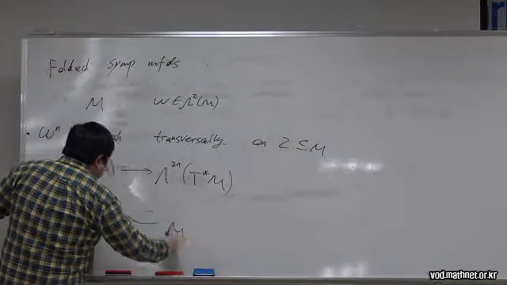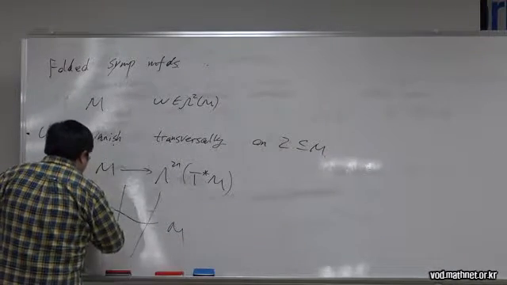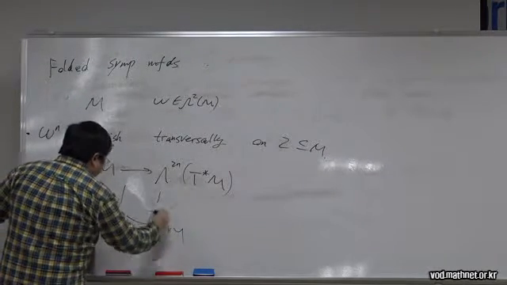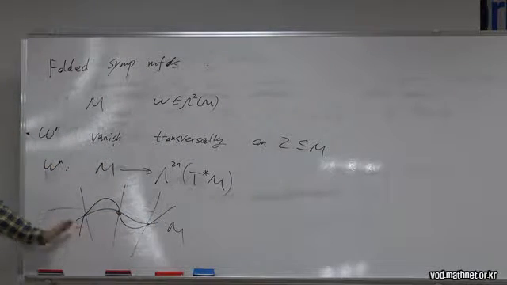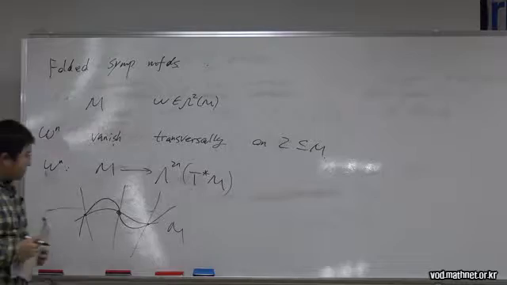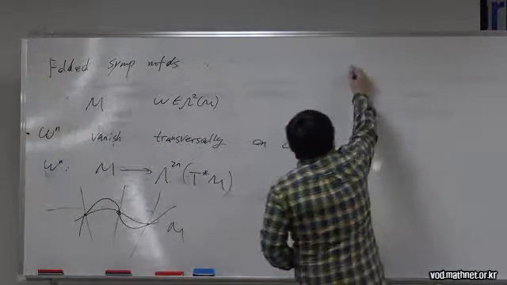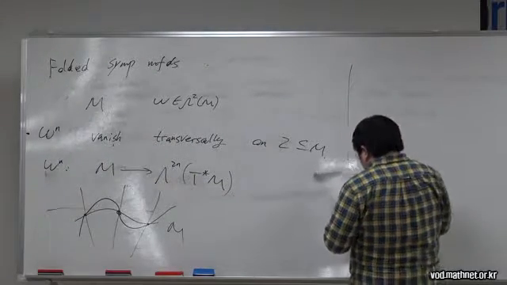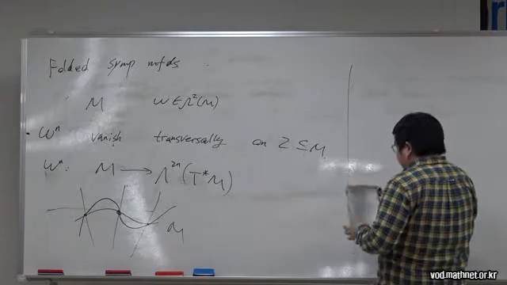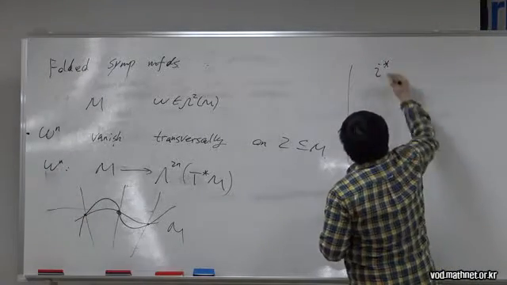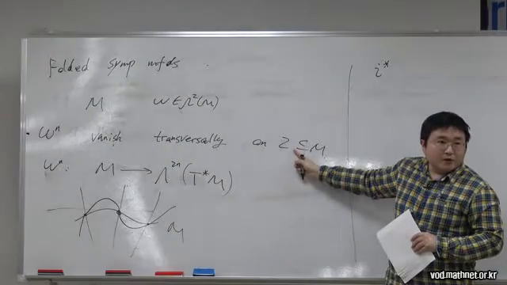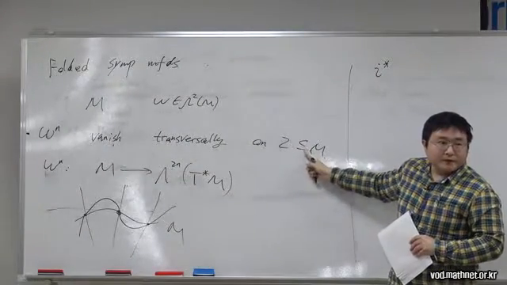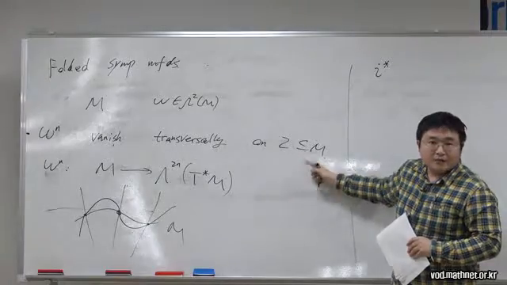Then the graph, if this is M, then the graph is something like this. This is what transverse means. And moreover, because this condition is always a submanifold of codimension 1, this is called the folding hypersurface.